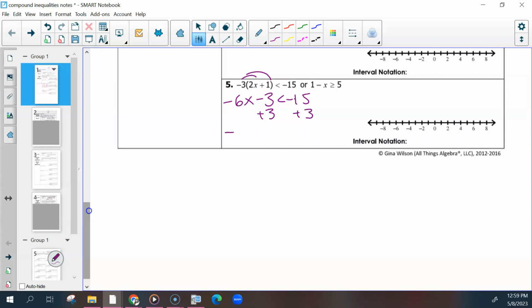So add 3 to both sides. And then when you go to divide both sides by negative 6, that's when your sign will change. And just change directions, not change from less than to less than or equal to.